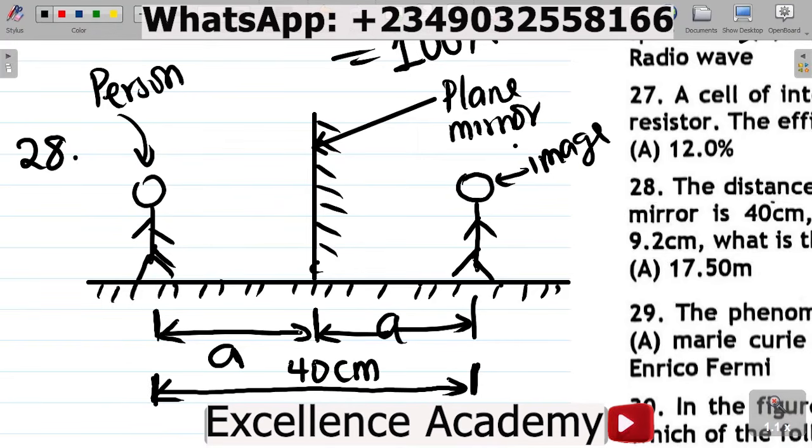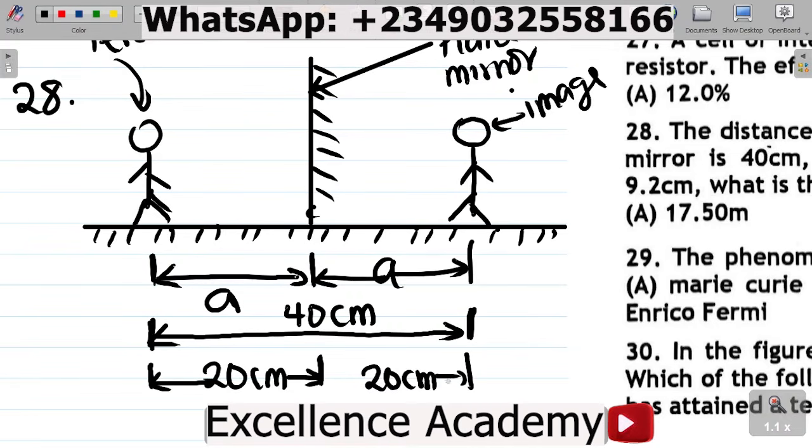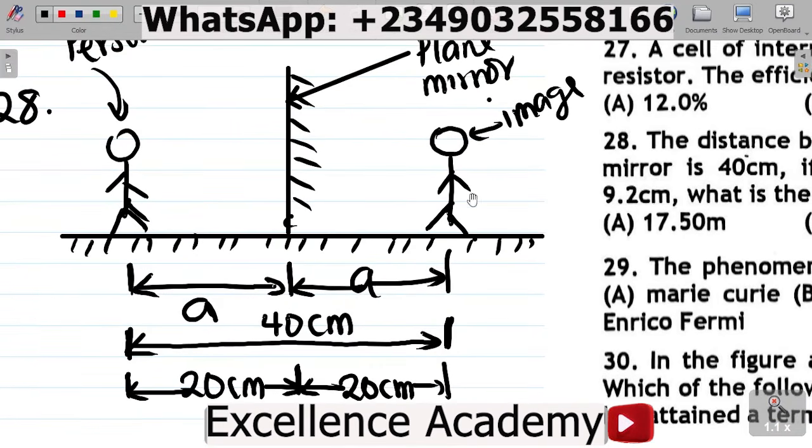If it is 40 cm, that means the distance from this point to the middle point here is 20 cm. That means the person is 20 cm from the mirror, while the person's image is 20 cm from the mirror. All right, so we've gotten this part here. 40 cm between the object and the image, so 20 cm for each of them from the mirror.